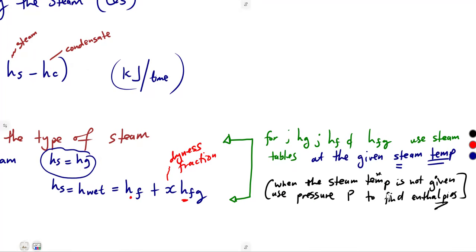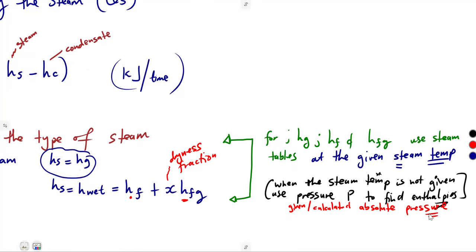At the given or absolute pressure, or the calculated absolute pressure, the one that you calculated. Guys, be very careful here.